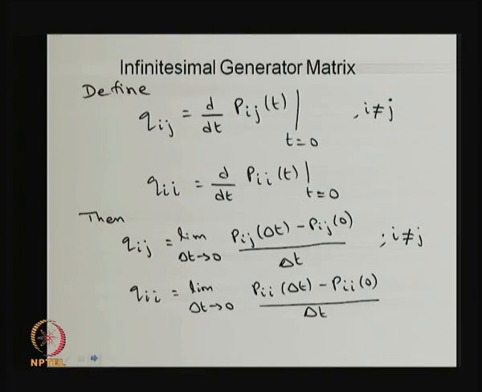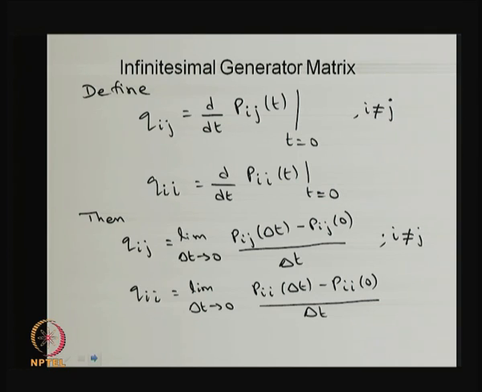For that, I am going to define a quantity called q I j, and later this is going to form a matrix called the infinitesimal generator matrix. So, let me start with the definition. q I j is nothing but the derivative of p I j of t, which is a function of t.